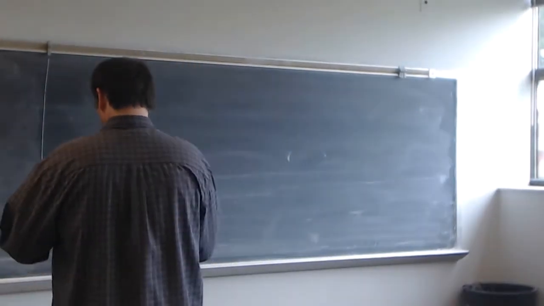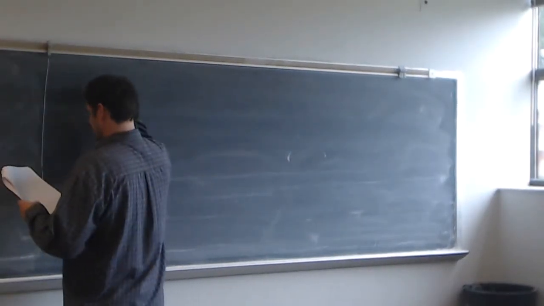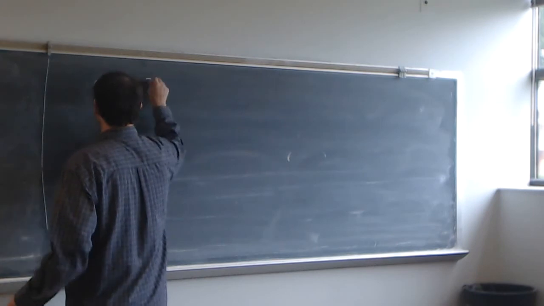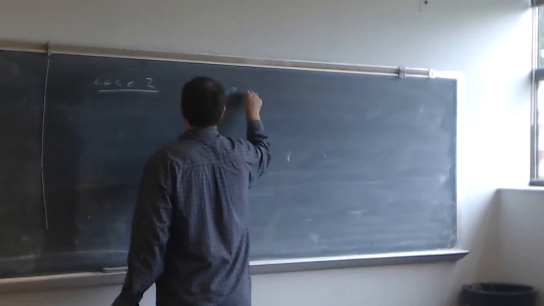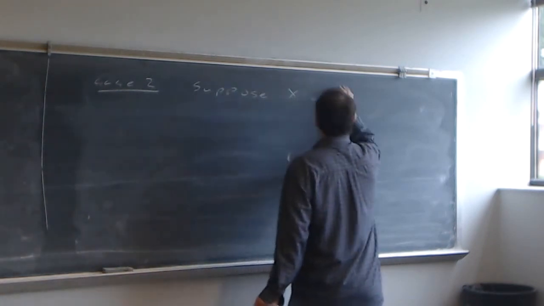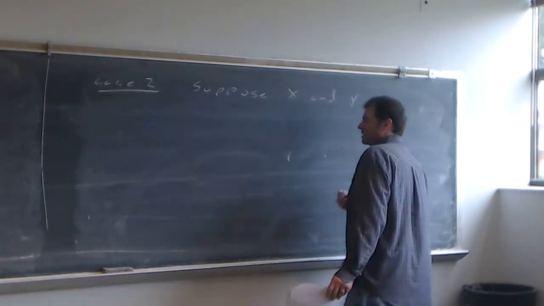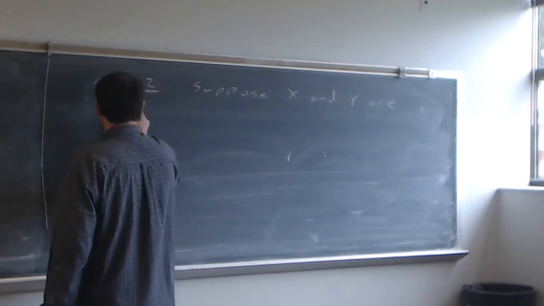The second part, when x and y are both continuous. And it's similar. Suppose x and y are both continuous, they're jointly continuous.